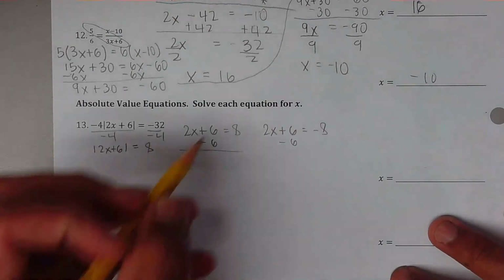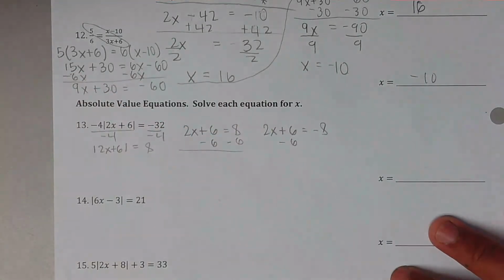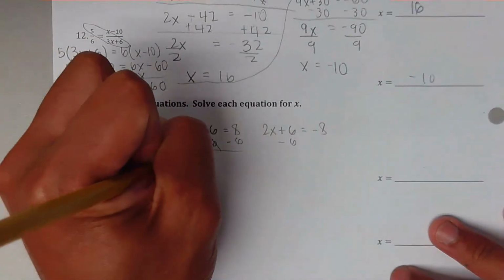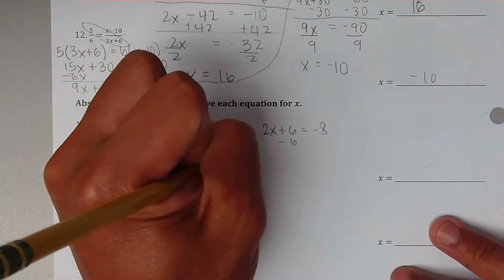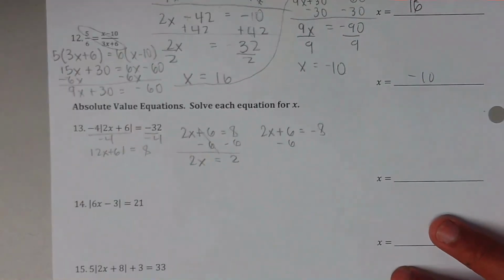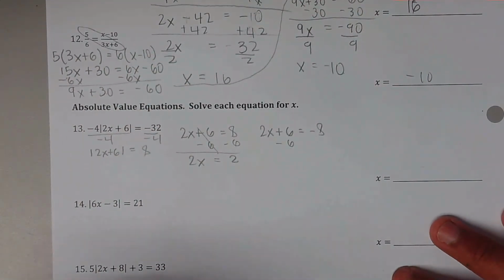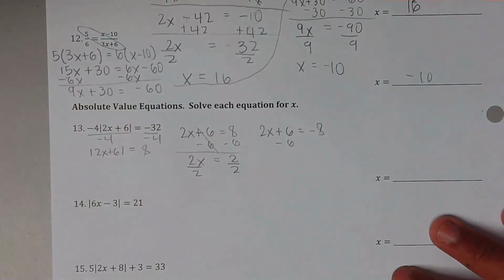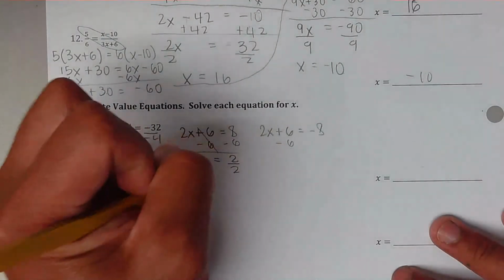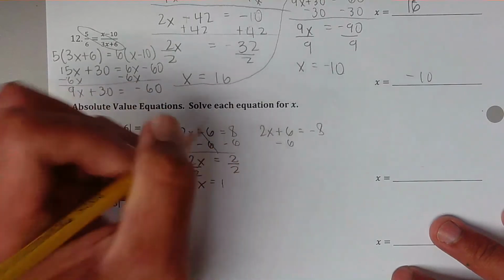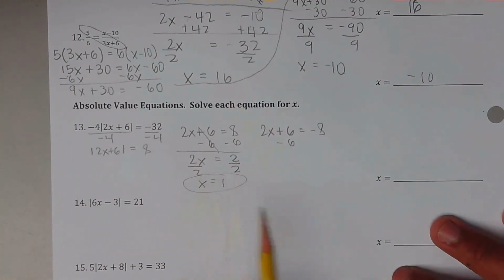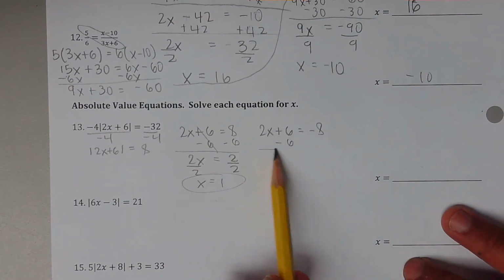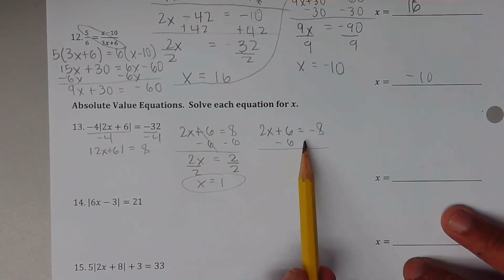Subtracting 6 from both sides, we get 2x on the left-hand side is equal to 8 minus 6, that's 2. Dividing both sides by 2, we get x is equal to 1. Then our second equation, subtract 6 from both sides.